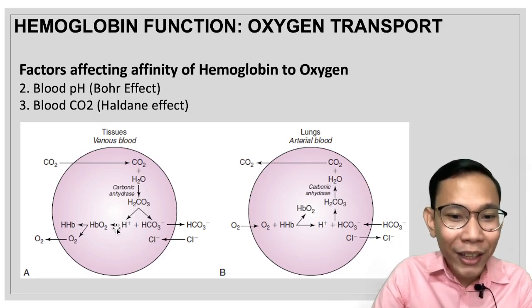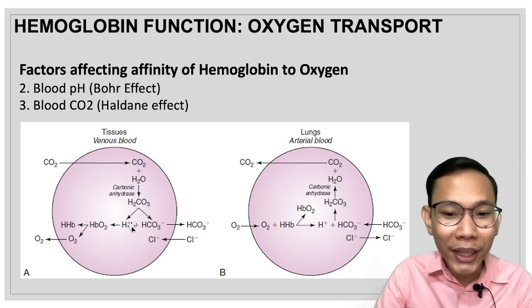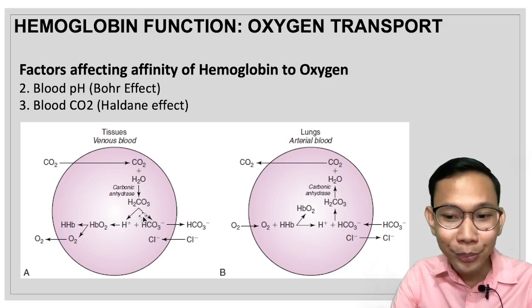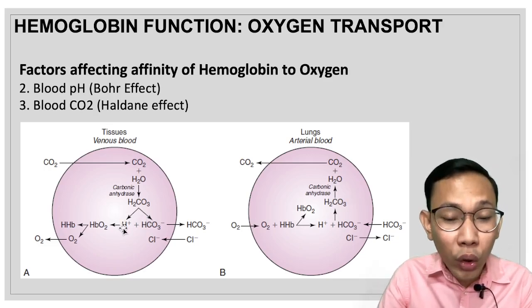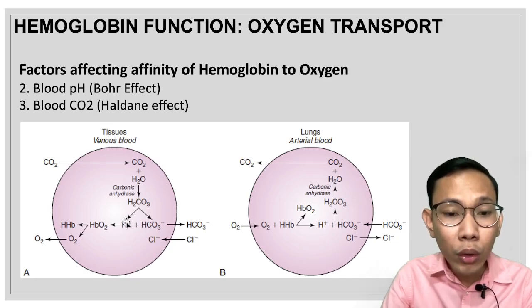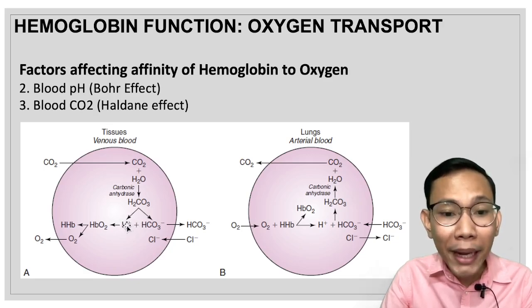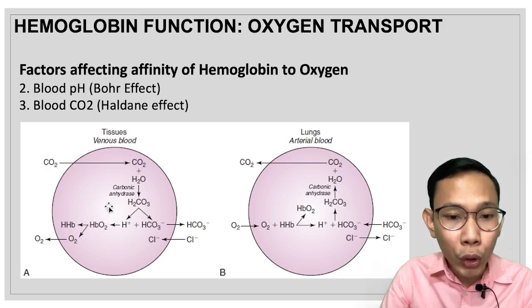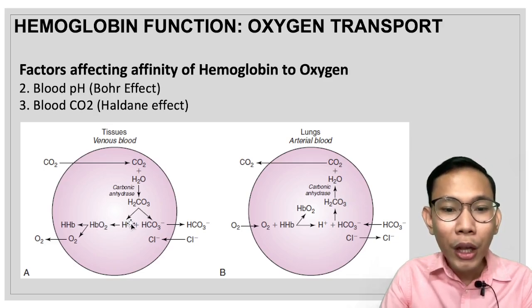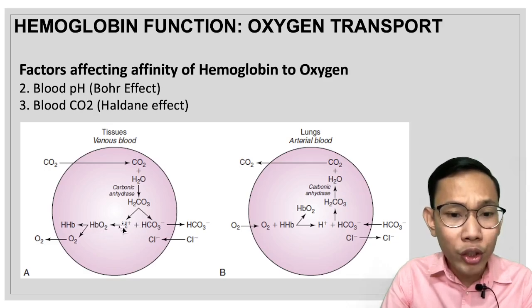So, kaya nga, hydrogen. Itong hydrogen dito, anong nangyayari sa ating hydrogen? Sige, the hydrogen here will cause binding to your hemoglobin, displacing now your oxygen. Again, yung hydrogen ion natin dito, i-displace niya yung oxygen.